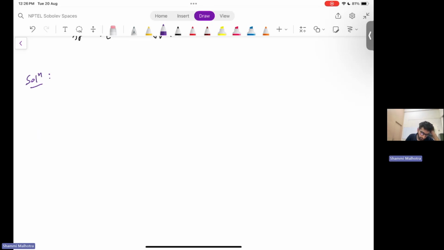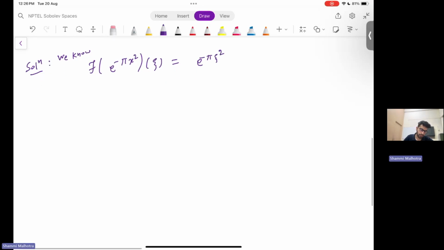The first idea which we would like to use is that the Fourier transform of e to the power of minus pi x square at xi is nothing but e to the power of minus pi xi square. This is the first thing which we know. This actually helped in solving this adjoint formula.